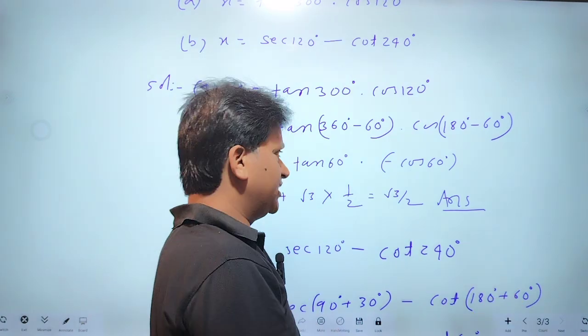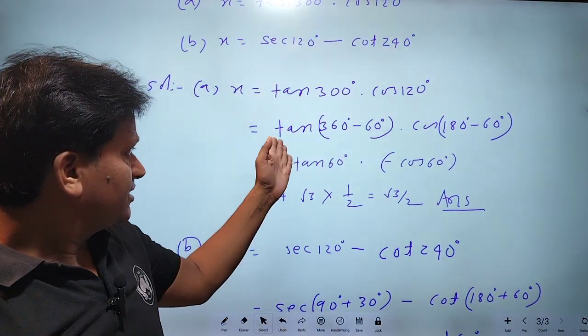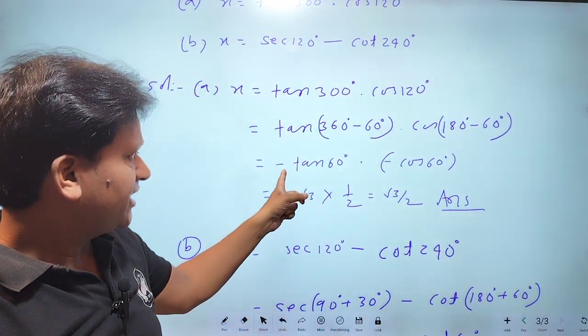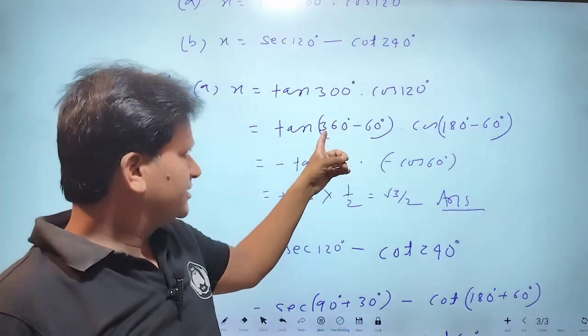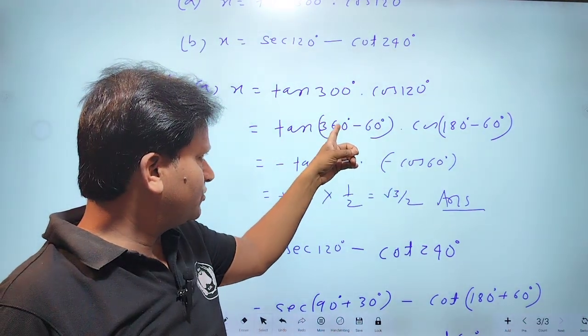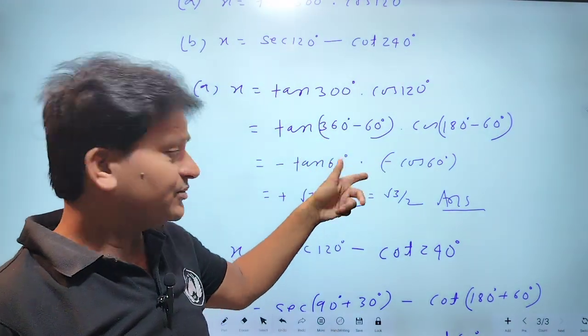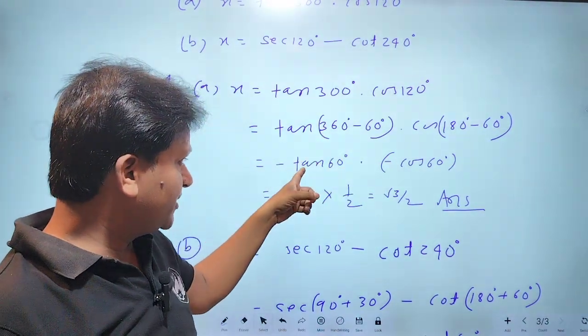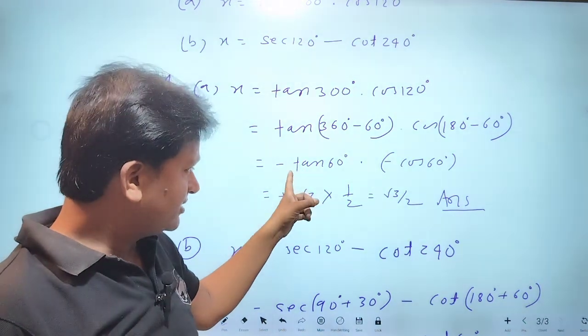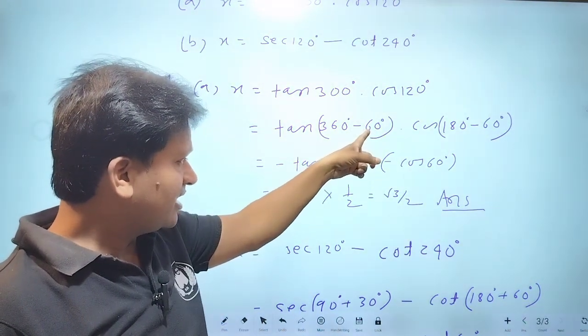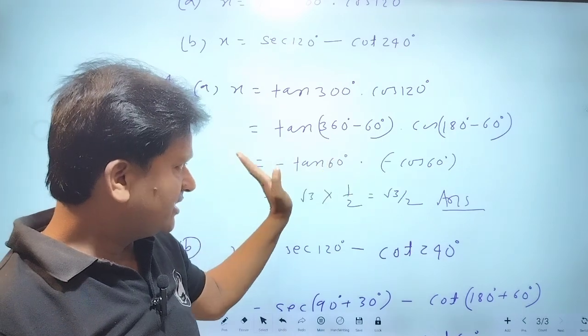This is fourth quadrant. In fourth quadrant, tan will be negative, and after removing 0, this will be even. Even means same. Therefore, tan will remain in tan. Tan theta. Theta is equal to 60 degree.